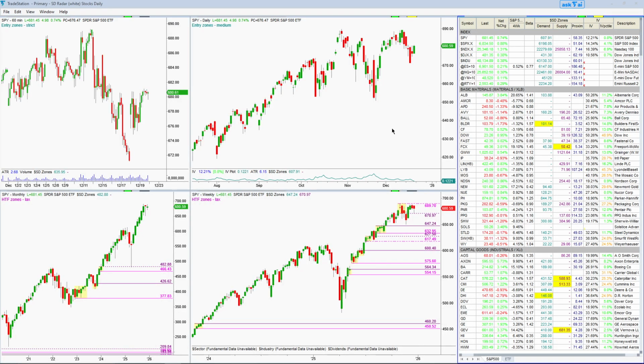One change that has been made is that beta has been added back into the radar screen. It used to be there many years ago, and for some reason we took it out. It's now back in on request, and that makes perfect sense, because when you're evaluating in the radar screen, before even looking at a chart, whether you want to consider these stocks, it is important for you to consider beta as well as the relative performance in the stock and its IV and so forth.